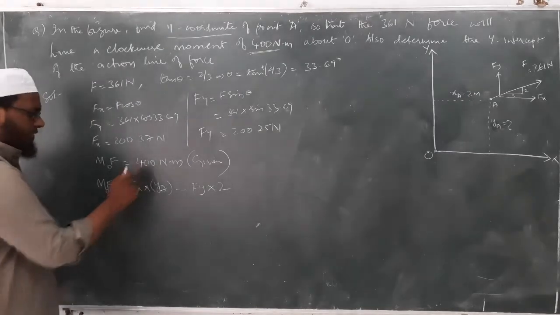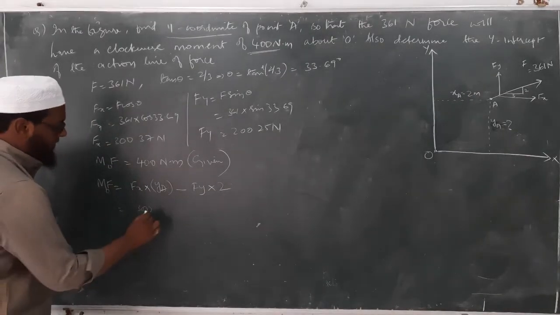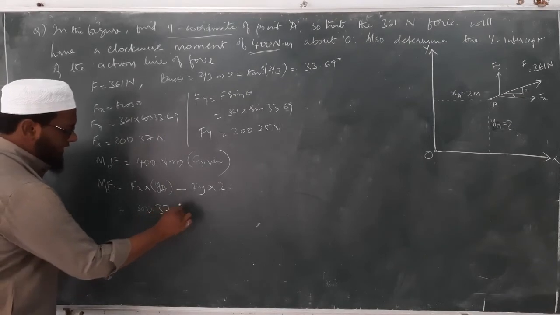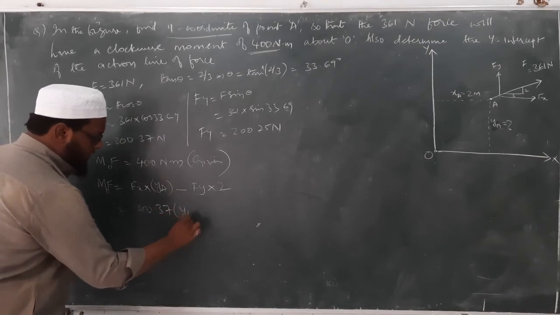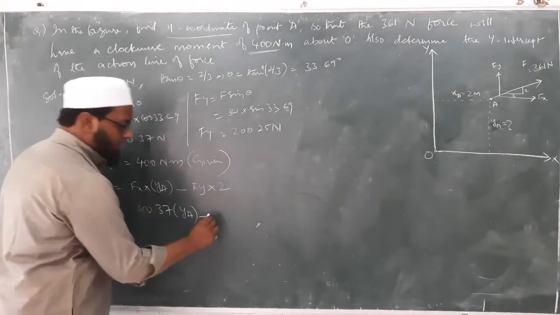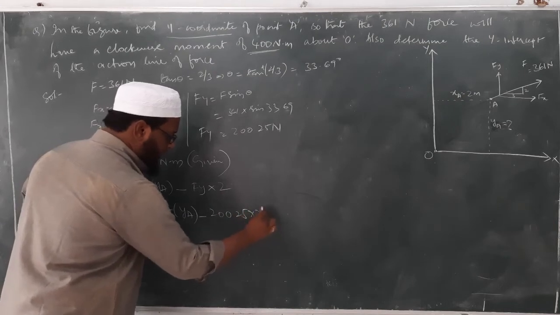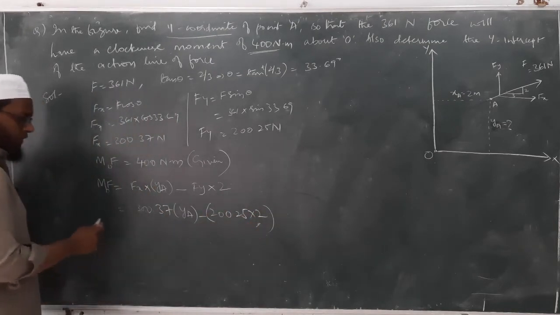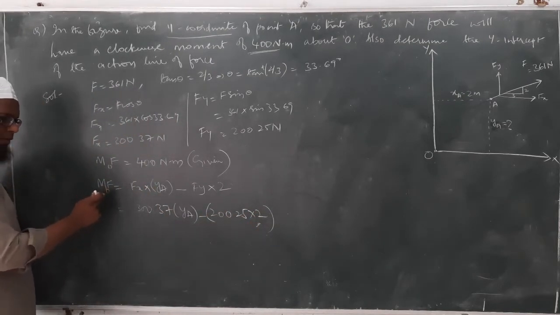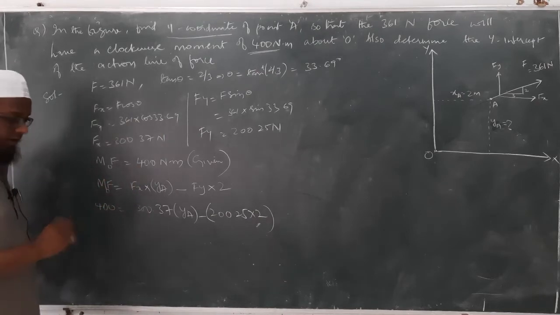So Fx is how much we have? 300.37 into Ya. Ya we don't know. Minus, what is the value of Fy we have? 200.25 into 2. Okay, these are the values. Now the moment of F about point O is given in the question, that is 400.